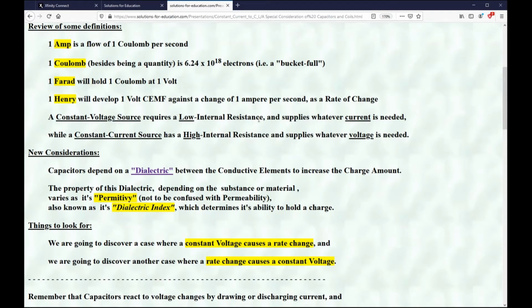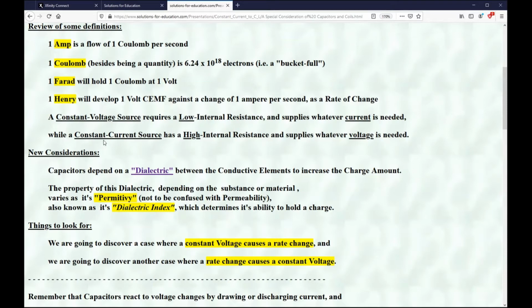That is the definition of a good voltage source. Now, if you have a power supply with an amplifier tied into a reference voltage, then that amplifier helps make the low internal resistance extremely low. That's what makes it what it is.